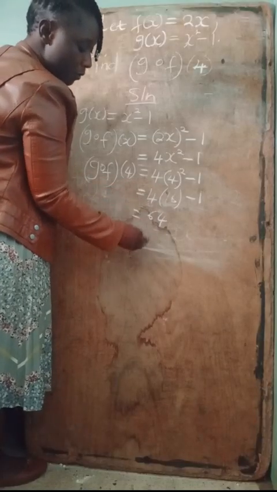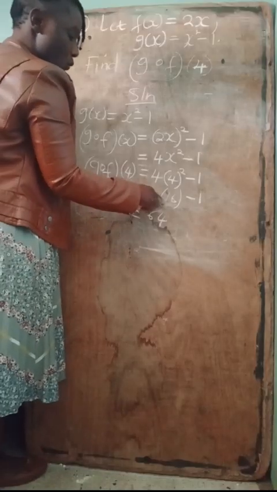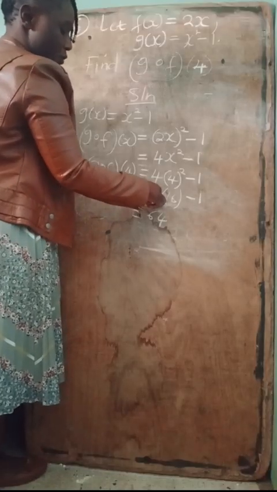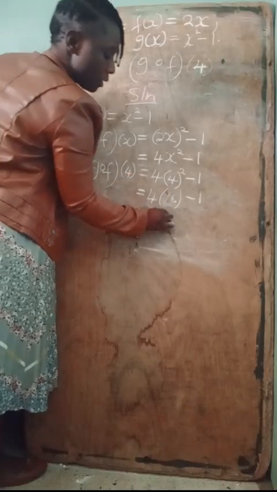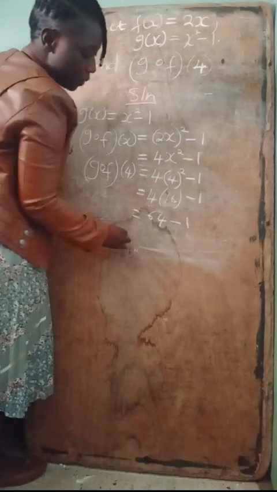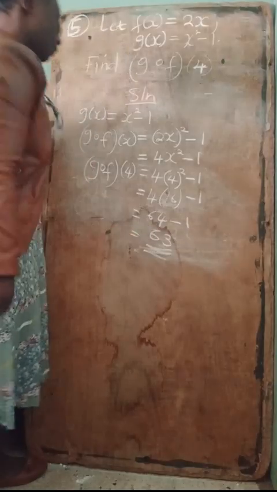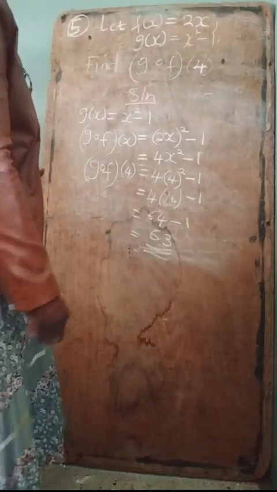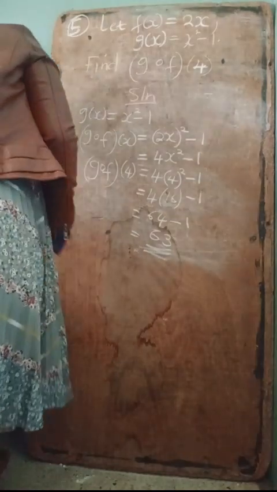So 4 remainder 2. Then 4 multiplied by 1, it is a 4. A 4 plus a 2, it is a 6. So this is how we found a 64. Then minus 1. So when you subtract here, we are going to find a 63. So this is how we solve that question.